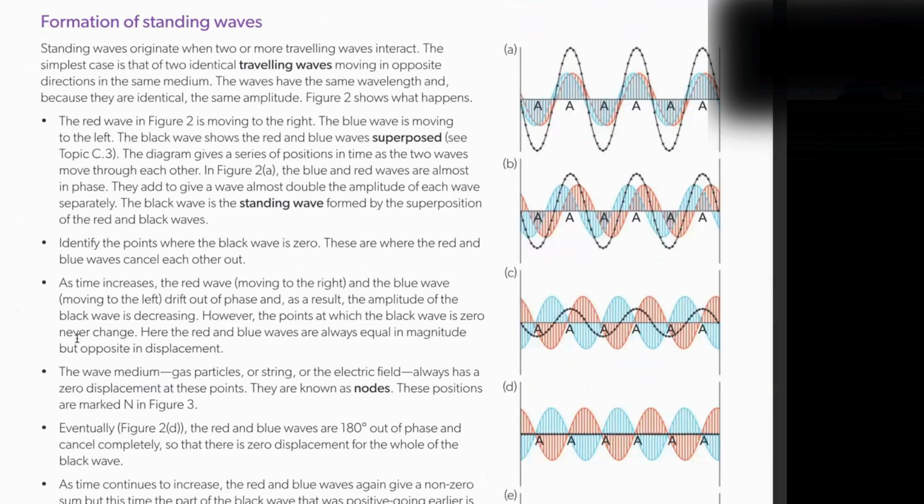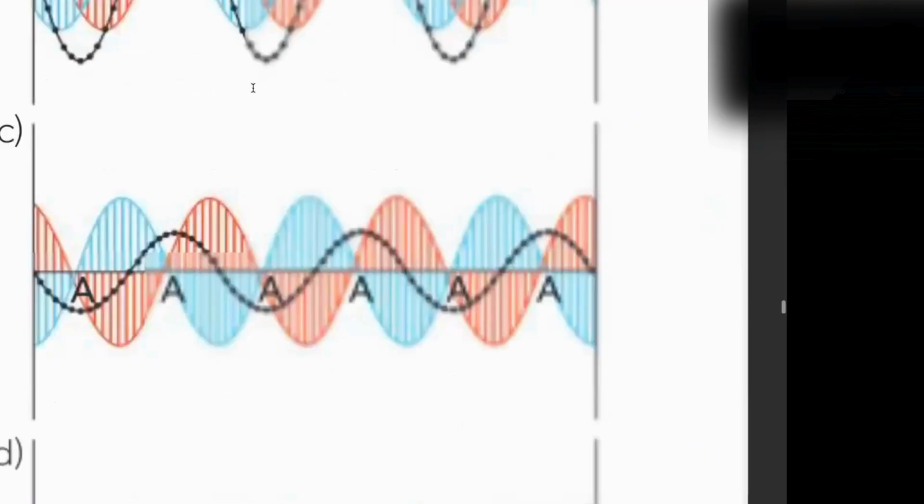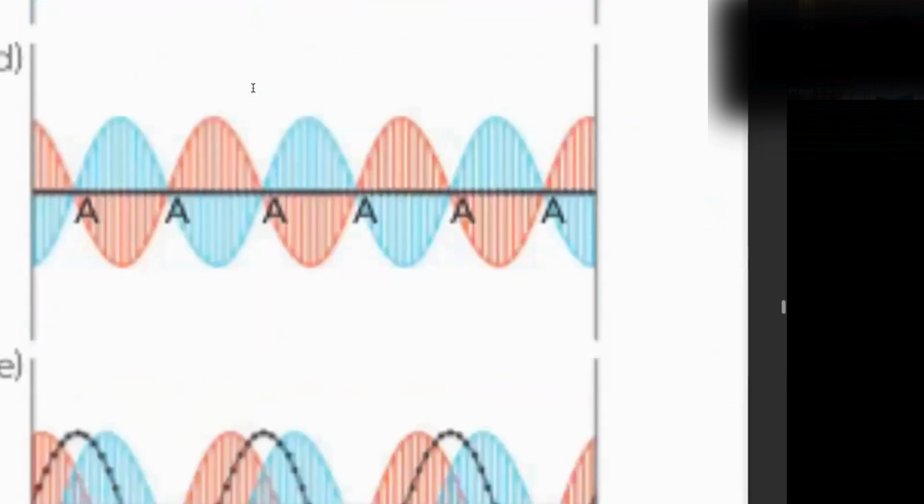There are some points with zero displacement in a standing wave, and those points are called nodes. These are the nodes, the ones that remain still. Yes, this point.